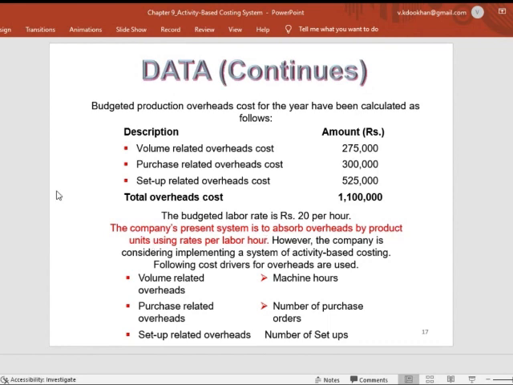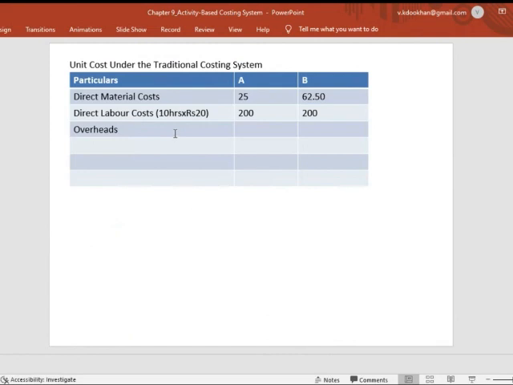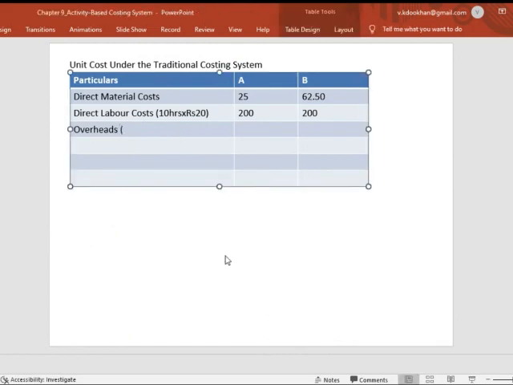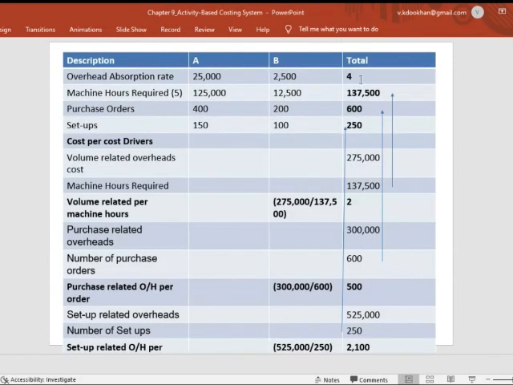So we need to use the labor hour. Here it will be 10 hours, because it is labor hour. For both it is the same. So, one working. And the absorption rate is 4.